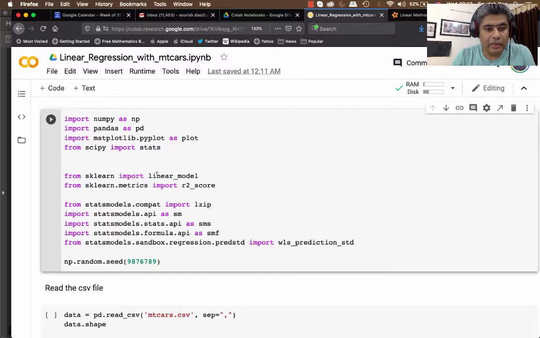From scikit-learn we will need the linear model, and from scikit-learn's metrics module we will use r2_score, which basically computes the R square. From the statsmodels module we are going to use the statsmodels formula API.